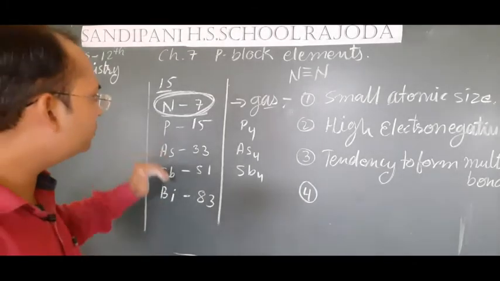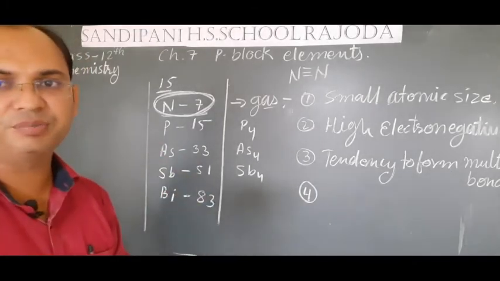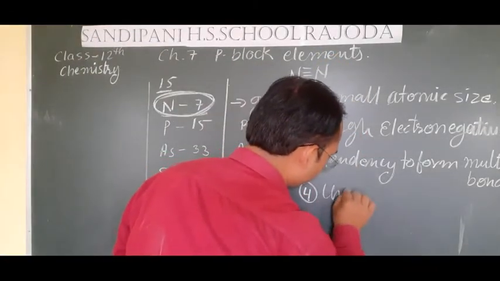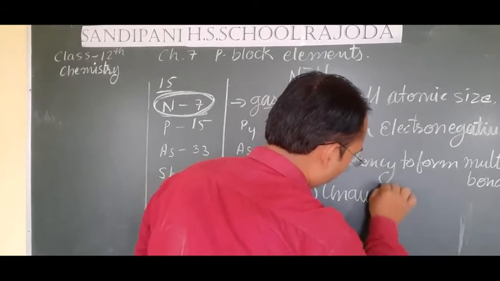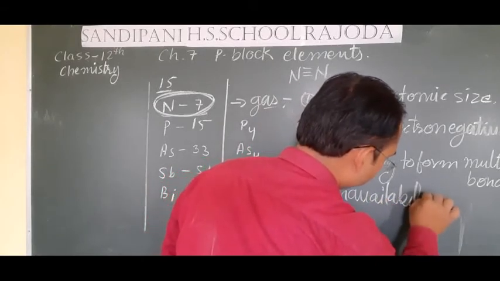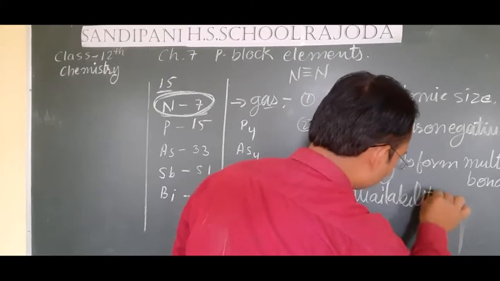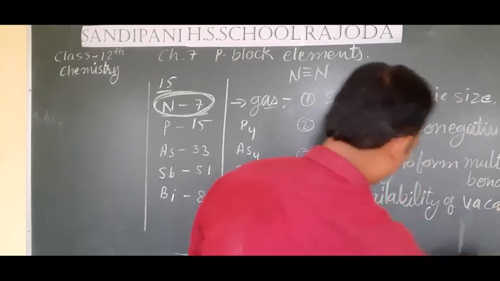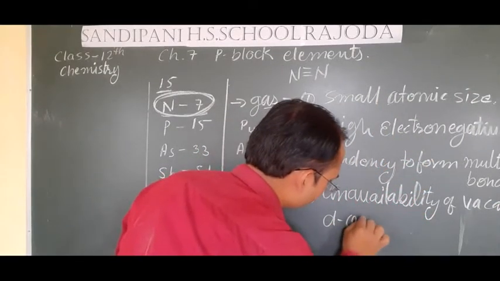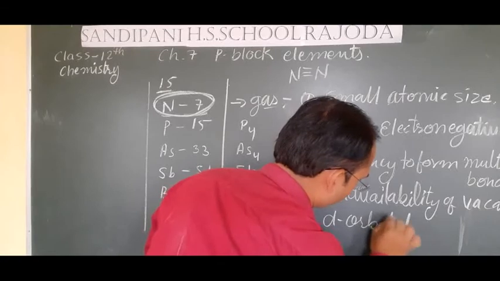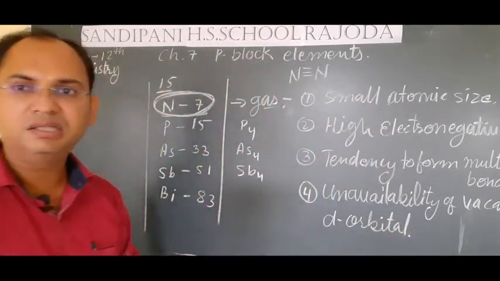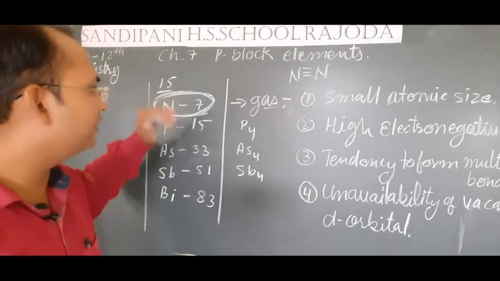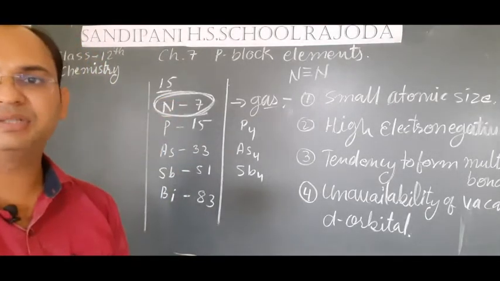So due to this property also nitrogen shows anomalous behavior from the rest of the members. So the fourth point is unavailability of vacant d orbital. These are the four main basic reasons behind the different properties of nitrogen from the rest of the members of the 15th group.